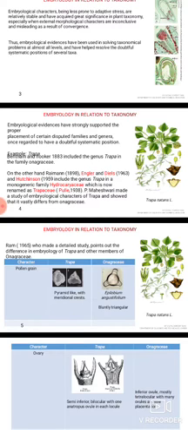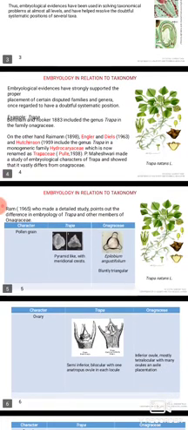Bentham and Hooker in 1883 included the genus Trapa in the family Onagraceae. On the other hand, Eichler, Engler, Diels and Hutchinson included the genus Trapa in a monogeneric family Hydrocaryaceae, which is now renamed as Trapaceae.